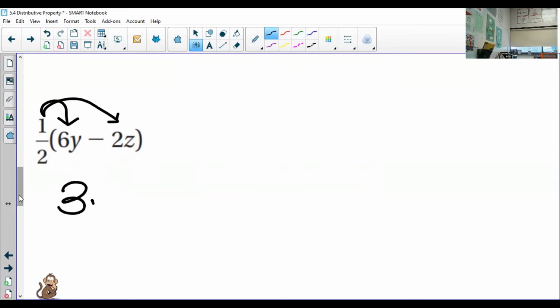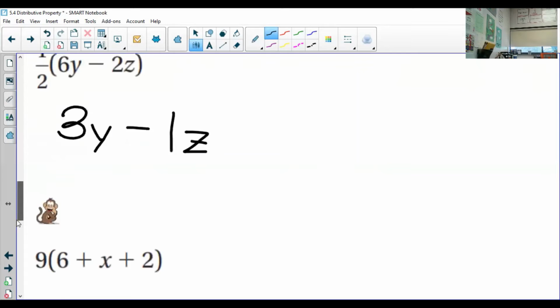So I have 3y minus, what's half of 2? 1. And this has a variable, so I have to put that there. Now I have 3y minus z. Is there anything I can do to make this smaller? No, I cannot combine these because they do not have the same variable. So they have to stay separate. That is my final answer.